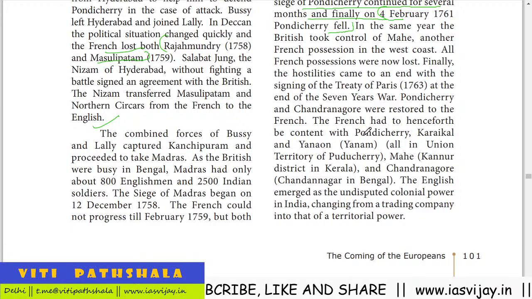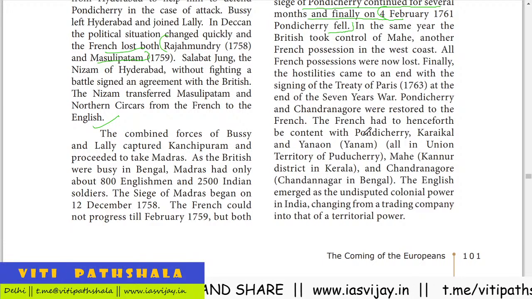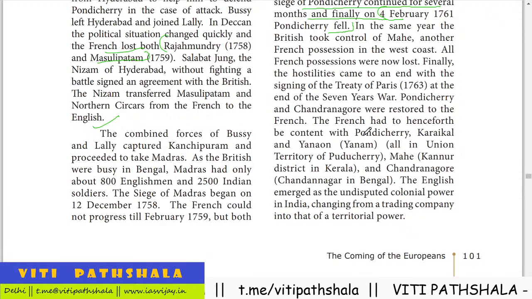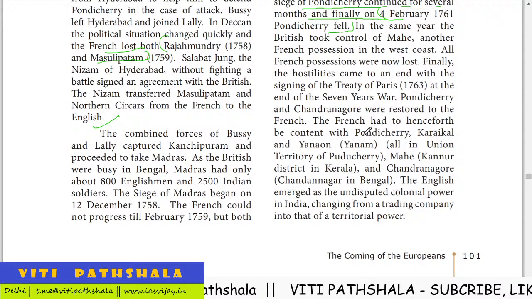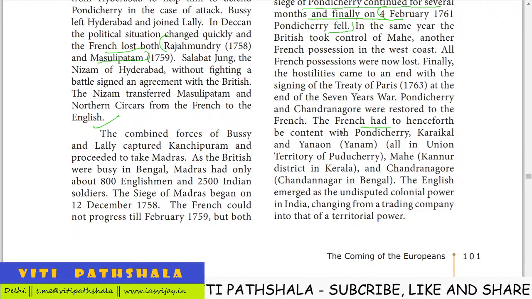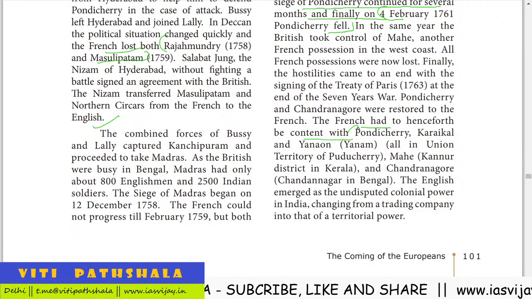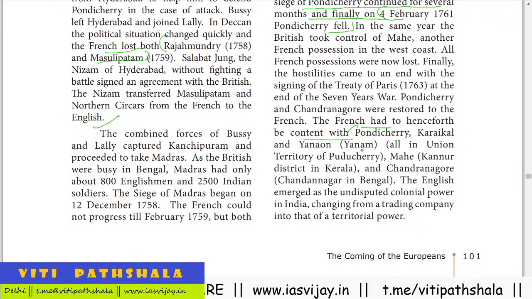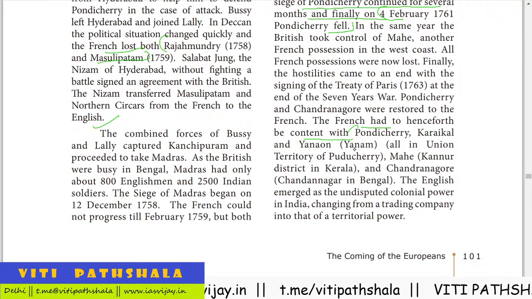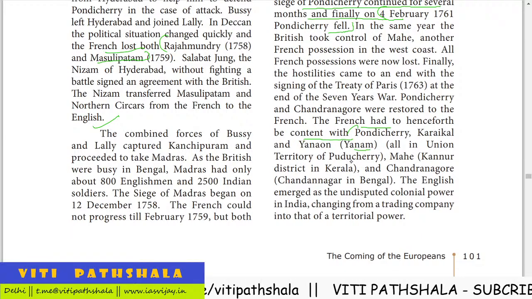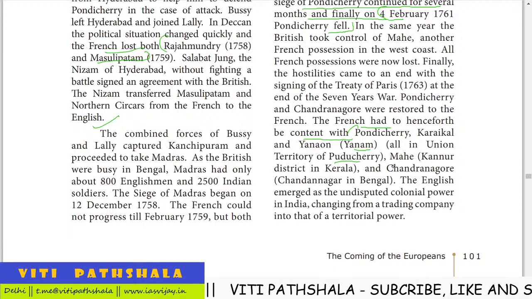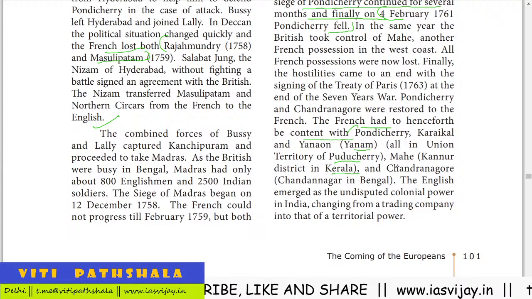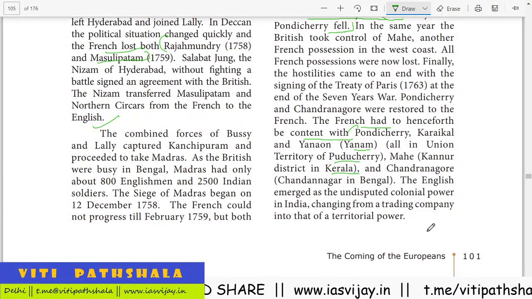Finally, the hostilities came to an end with the signing of the Treaty of Paris at the end of the Seven Years' War. Pondicherry and Chandragore were restored to the French. The French had henceforth to be content with Pondicherry, Karaikal, Yanam and all the Union territories of Pondicherry, Mahe in the district of Kerala, and Chandernagore in Bengal.